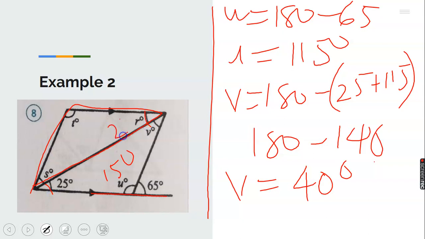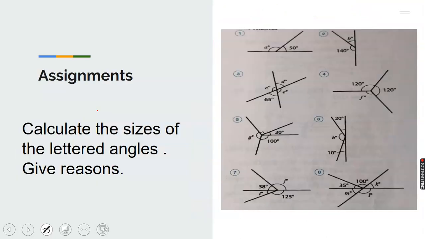That means here is also 25. Here is alternate. That means here is also 40 degrees, because this place is 40 degrees. Now, when you add 40 to 25 to be 65, when you subtract from 180, you have 115 degrees. Now, assignment: you have to calculate the sizes of the lettered angles and give reasons.